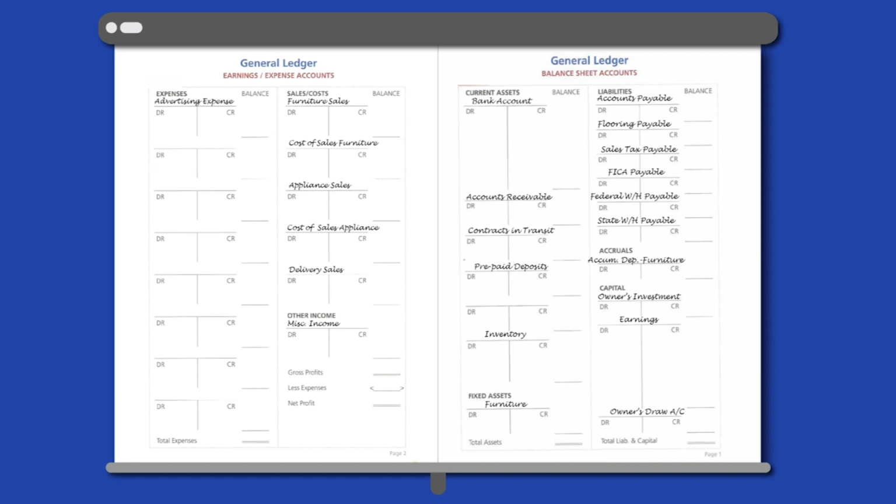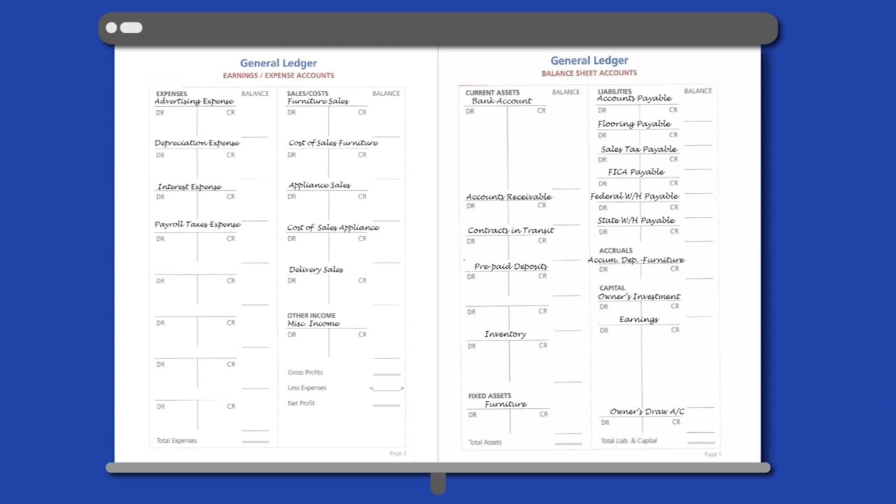The second account is depreciation expense. The third account is interest expense. Fourth account for this business is payroll taxes expense.